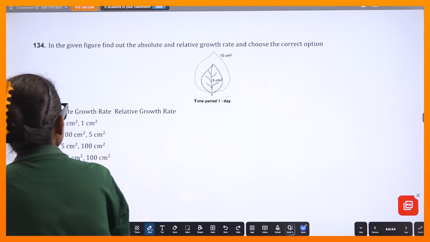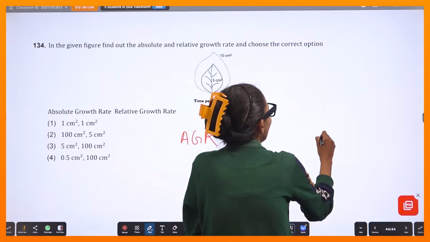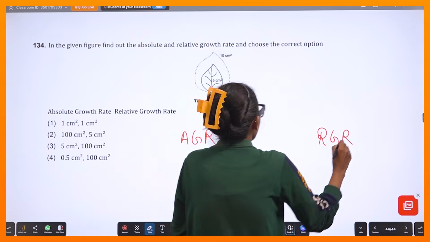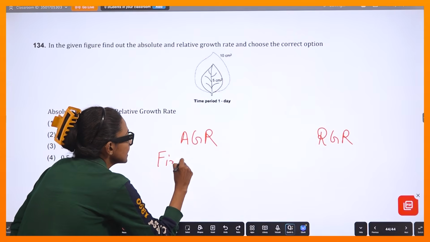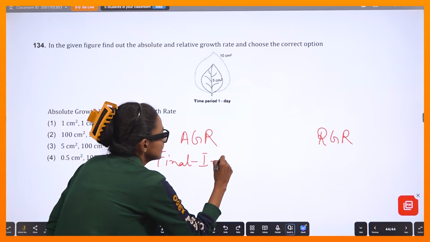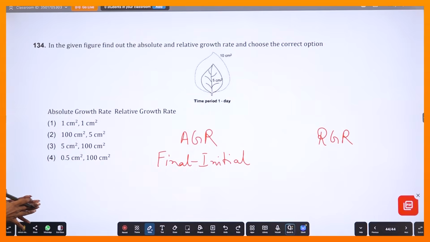Let me quickly see how many more questions are there. Oh yes, this question is based on absolute growth rate and relative growth rate. Okay, what is the formula for absolute growth rate? Final minus initial. Okay, final minus initial will give you the absolute growth rate.